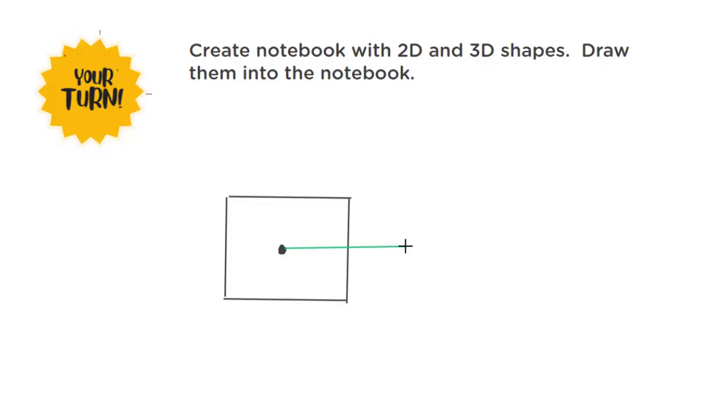Now this isn't going to be perfect because I don't have a ruler, but I just want to show you how you can turn this into a three-dimensional figure. You can do this with a rectangle as well. But see how I made a square, not a perfect square, right in front of it? Well, now you're going to connect the corners. So you go from corner to corner, corner to corner. Look at that, it's coming together.